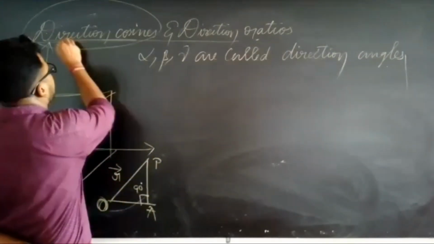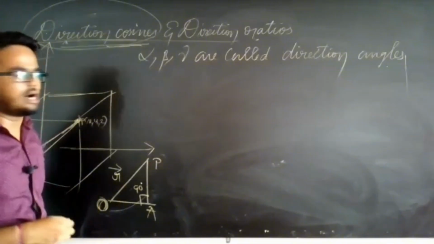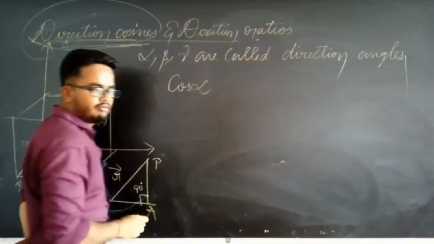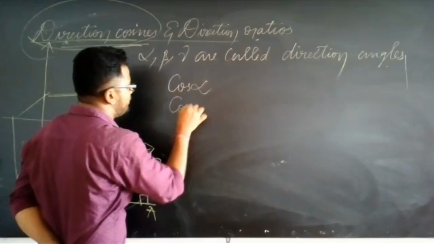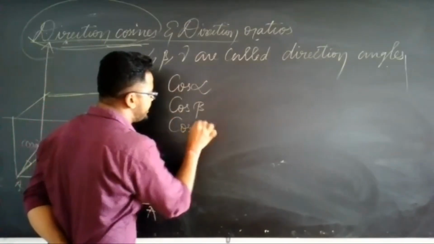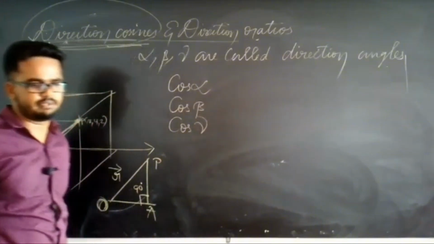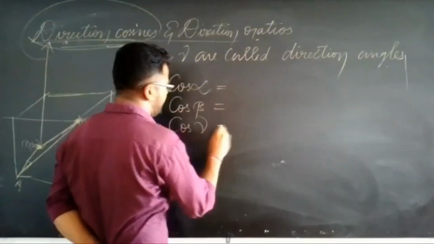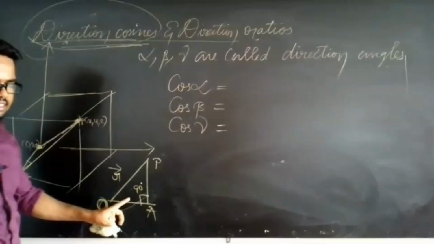Now we have to find cosines. We shall find cos of alpha, cos of beta, cos of gamma. What will be the answer? We shall check. For one, I will tell you how we can write it.